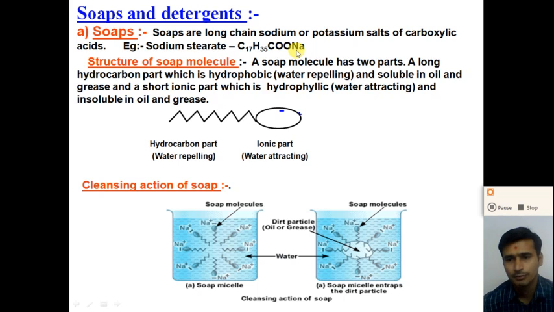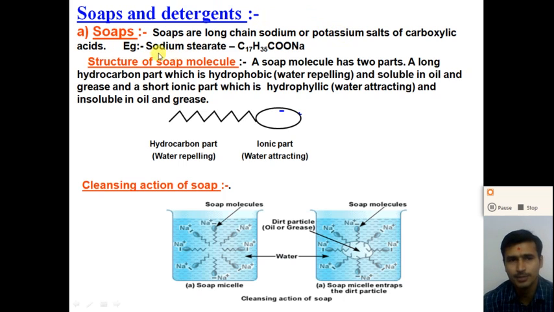Here, dear student, we know that a carboxylic acid reacts with a base and forms the salt of the carboxylic acid, right? So with the help of long chain carboxylic acids, we can form the sodium or potassium salt of the carboxylic acid, which is a soap. So soaps are nothing but long chain sodium or potassium salts of carboxylic acids.